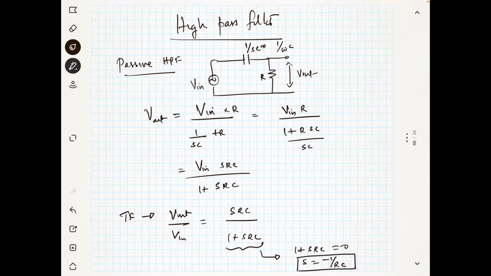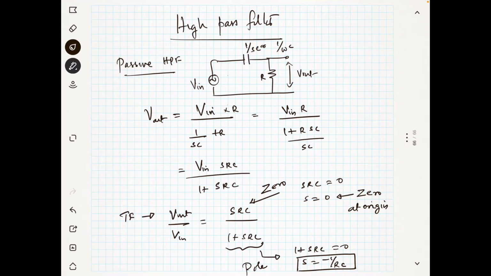So what is the difference here? You have a 0 here. Now we will talk about the 0. SRC is equal to 0, that means S is equal to 0. So there is a 0 at origin and there is a pole. That's why you have the characteristics of the high pass filter that I will show you.